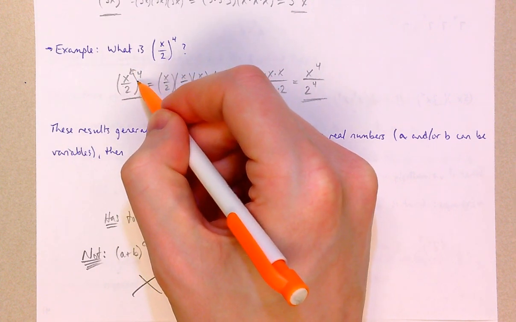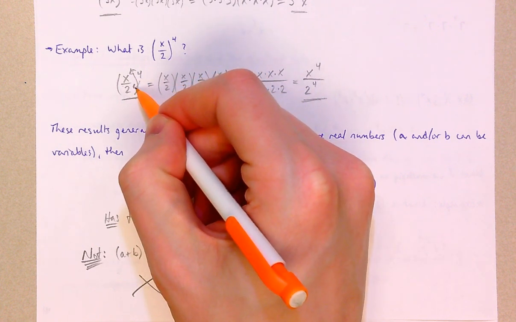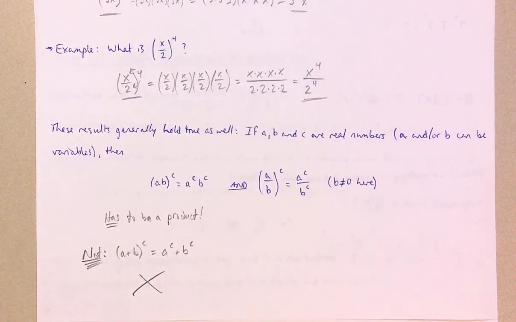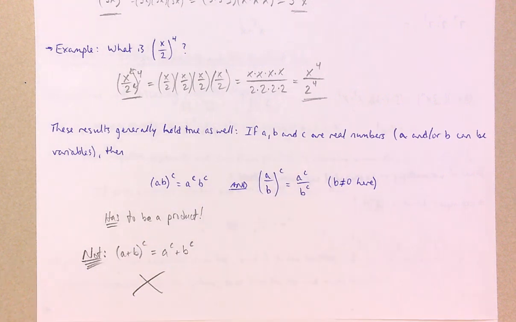The 4 becomes the exponent of the x, and 4 becomes the exponent of that 2. And that is also a result that generally holds true. If a, b, and c are real numbers, again, a or b could be variables, then the quotient of a and b, that quotient raised to some power c, is equal to a to the c over b to the c.